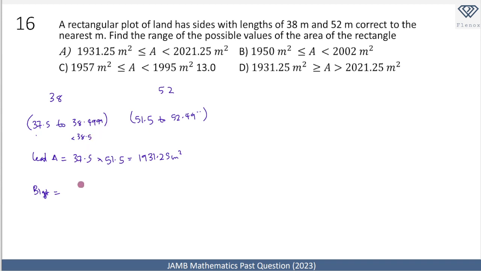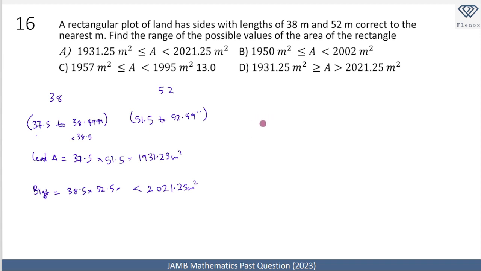But just to make our multiplication simpler, I can just multiply 38.5 times 52.5, but the number must be less than that. Multiplying those two numbers together, you get 2021.25.